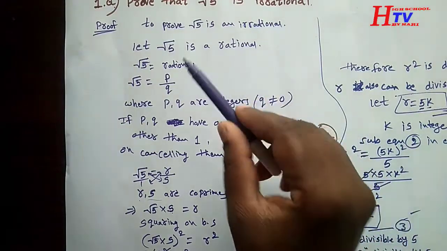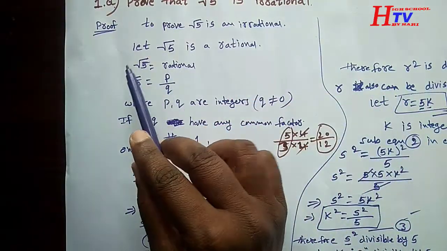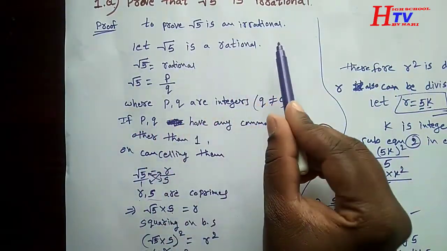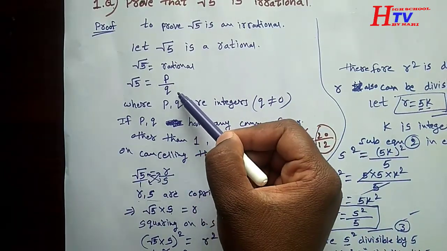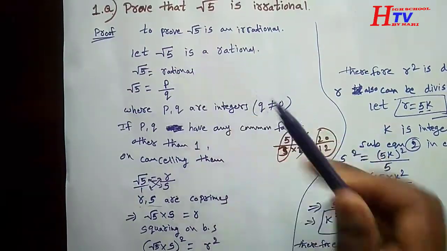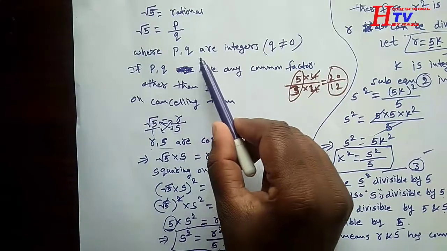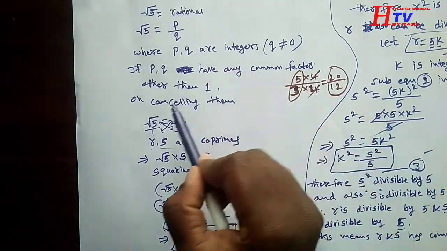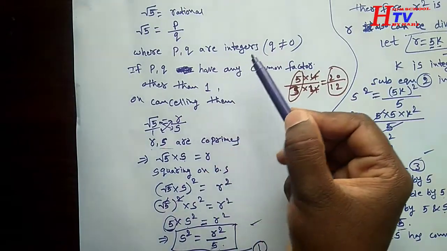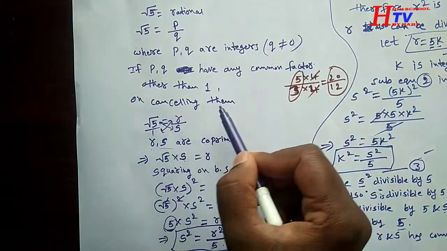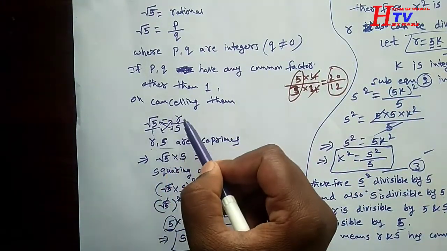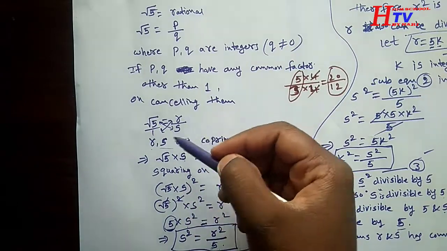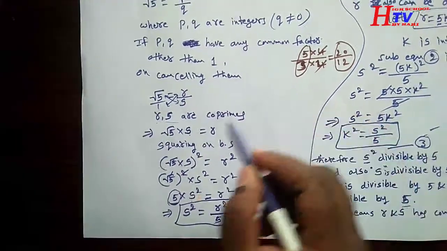Once again I am repeating. To prove root 5 is an irrational number, let root 5 be a rational. Rational means it is of the form p by q. Root 5 equals p by q, where p, q are integers. If p, q have any common factor other than 1, we can cancel them. On cancelling them, root 5 equals another fraction r by s.